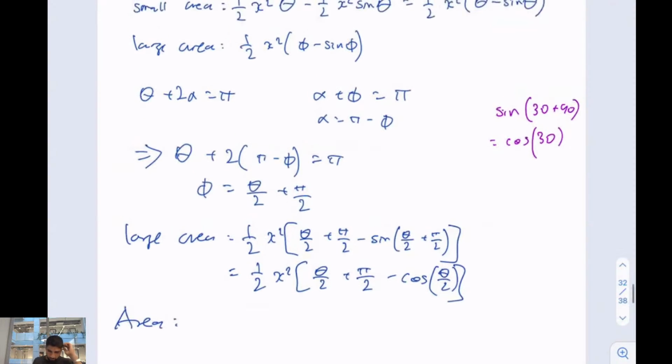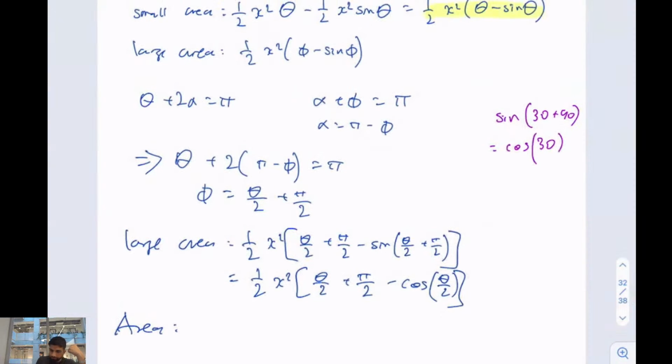We have got the small area, which is this expression there, plus, so let me highlight them. We need to add this to that. So the half x squared can stay out as a factor.